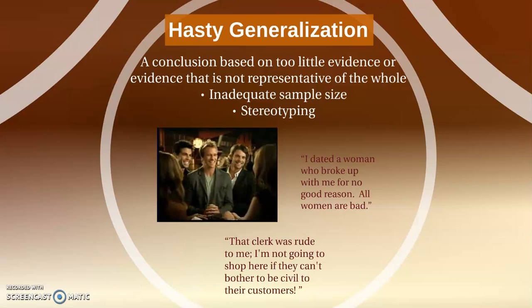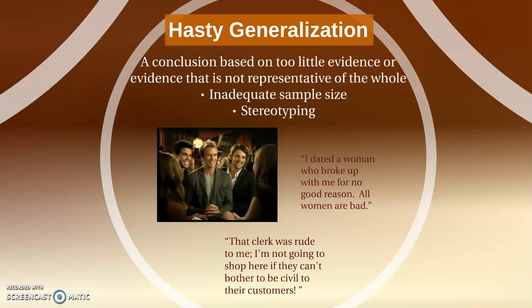A hasty generalization is when you are making a generalization or lumping things together in a way that does not provide a lot of differentiation. So it's when you're basing something on too little evidence or evidence of a small sample that doesn't represent the whole. Hasty generalization happens when we have inadequate sample size or stereotyping.